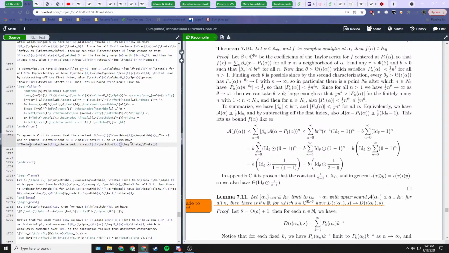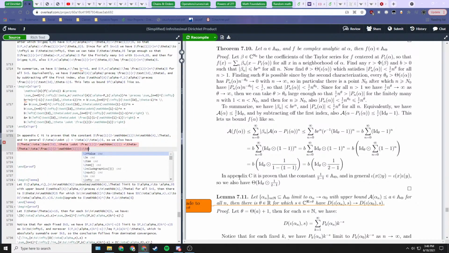And actually this is equal to theta plus theta of iota of this, which is less than infinity. And I think that's the completion.